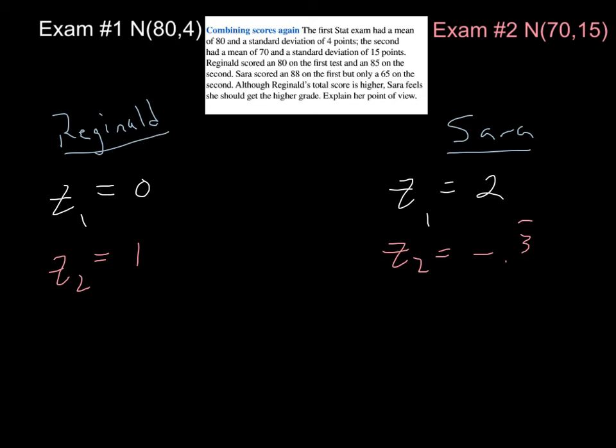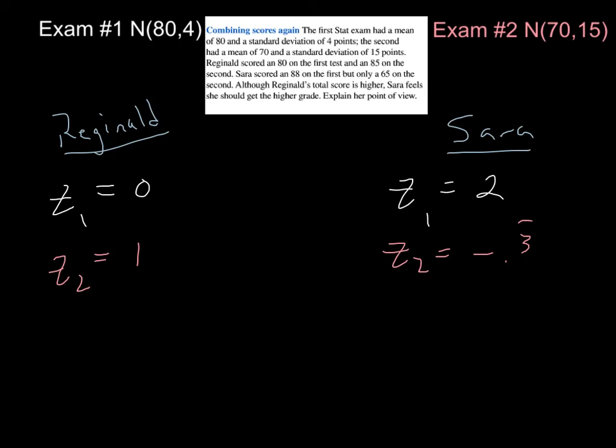Another noteworthy piece is that the standard deviation on the first exam is 4 points, whereas the standard deviation on the second exam is 15 points. So I'm looking for you to say, wow, there was a lot of variability in scores on that second exam, whereas most people scored fairly consistently on the first exam. On the second exam, Reginald does score 1 standard deviation above the mean, and Sarah did score poorly, but she was only 0.3 repeating standard deviations below the mean, so she really wasn't that bad.